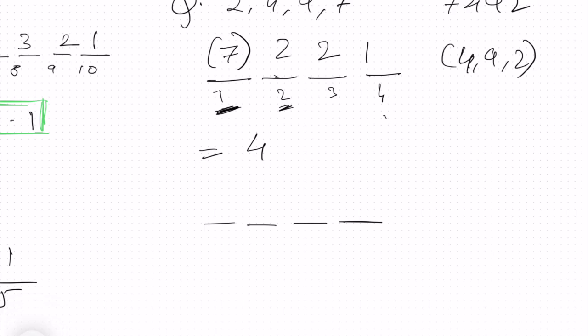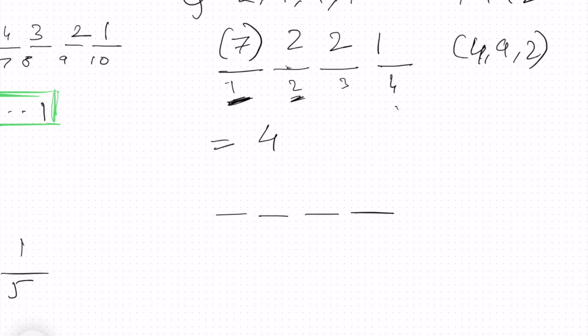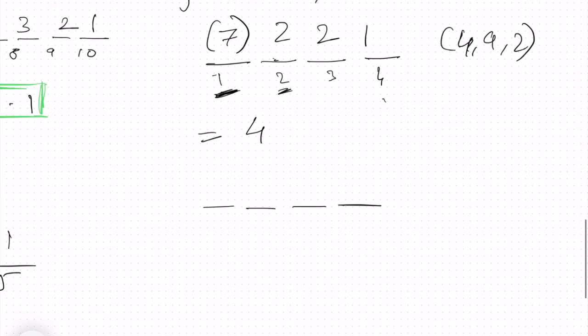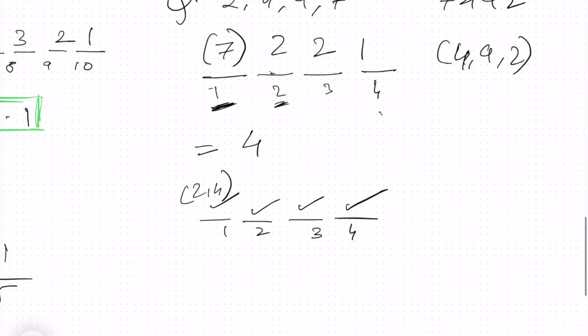Right, now another case is if 7 falls anywhere but the thousandth place. So if 7 falls in this position or this position or this position, the first place can be filled with 2 or 4, because we cannot count 7 here, since we've already counted the cases for 7 above, and we cannot use 9 in this place because that would exceed 7492.